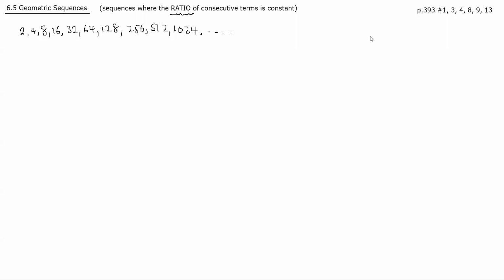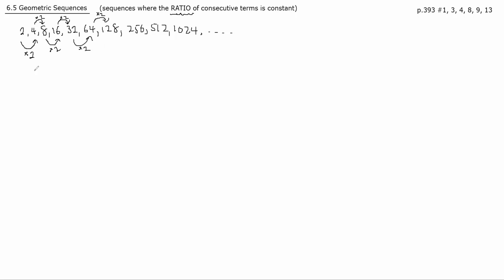What is happening from the first term as I move to the second term? Well, you're not adding 2, you're multiplying. And then from here to here, I am multiplying. Here to here, I am multiplying. Every term is 2 times the value of the previous term, so on and so forth.